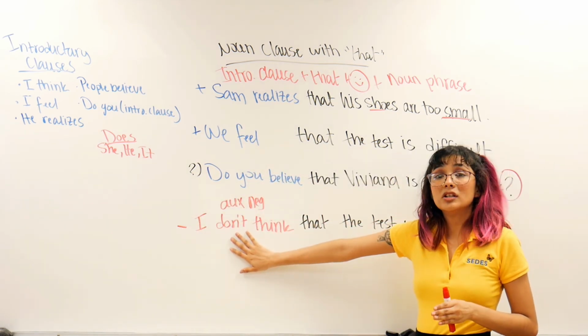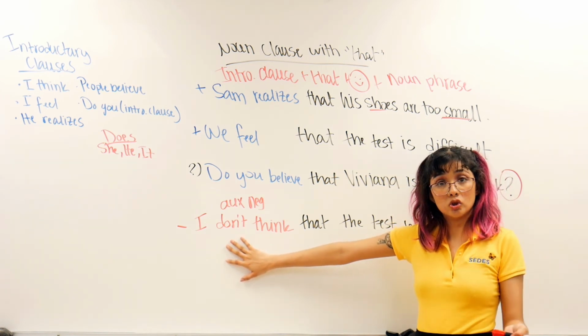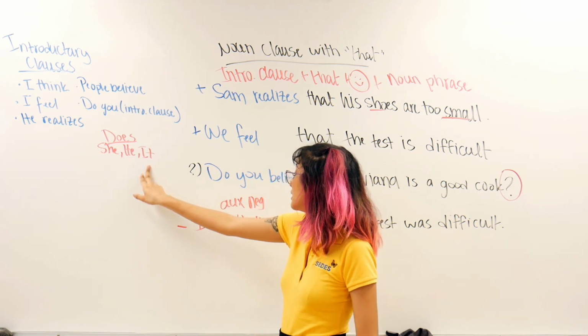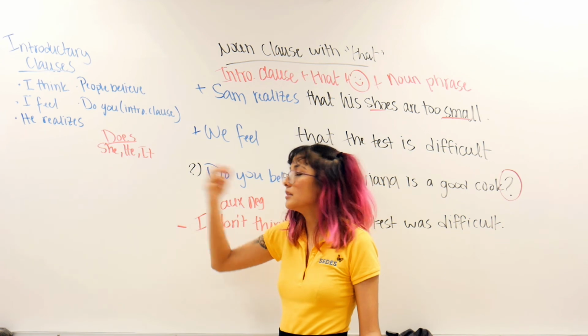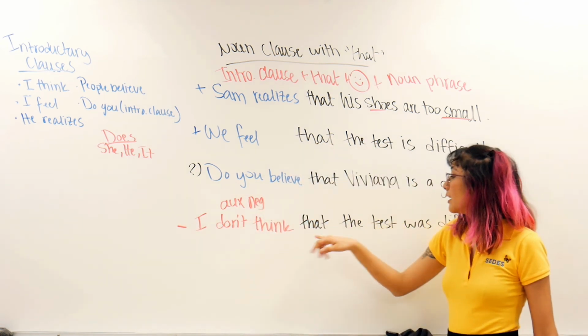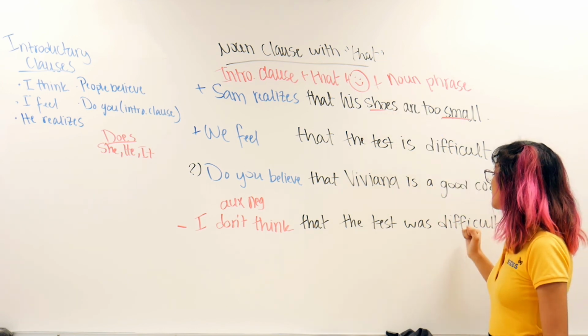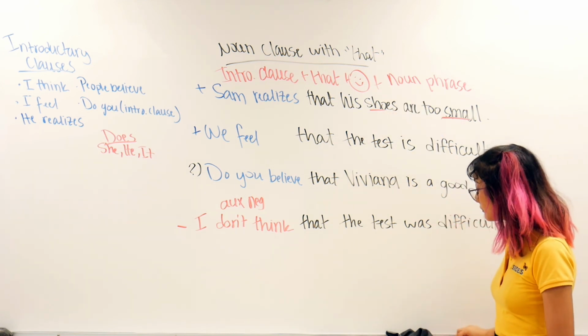Anytime you want to make your statements negative, you add your auxiliary do, but if I have she, he, it, I put doesn't. So I don't think that the test, again being my subject but also my noun, was difficult, noun phrase. Again, still following the rule.